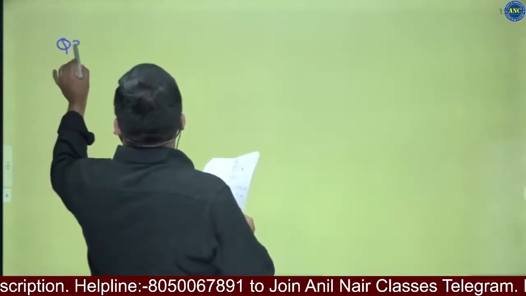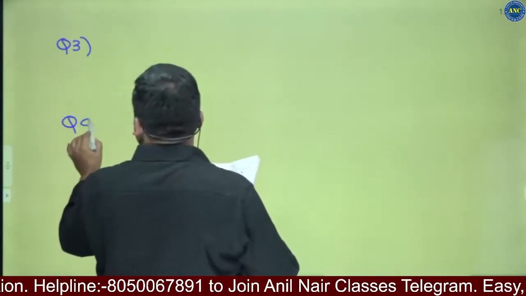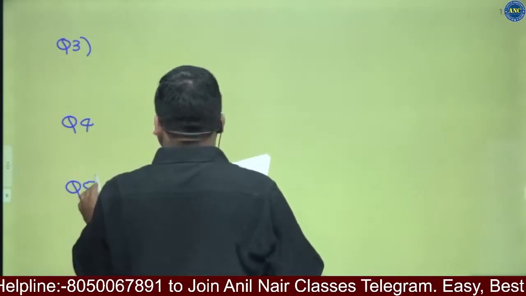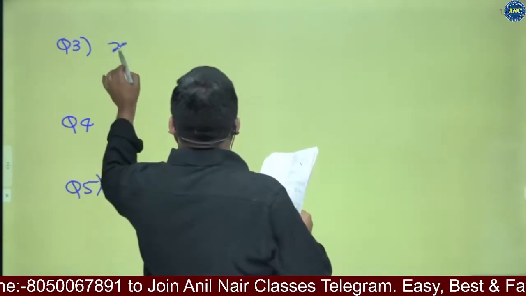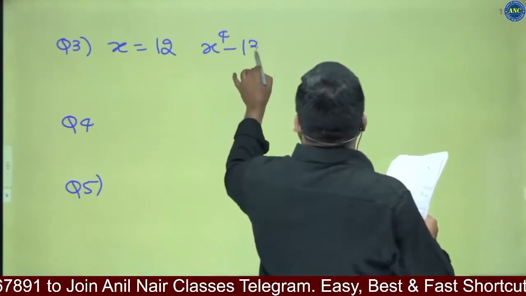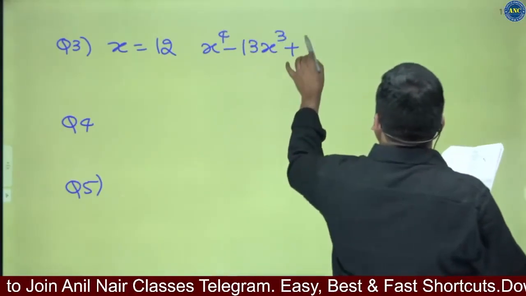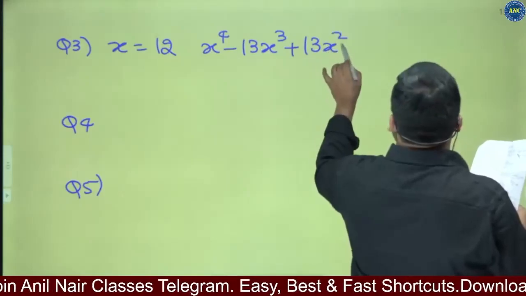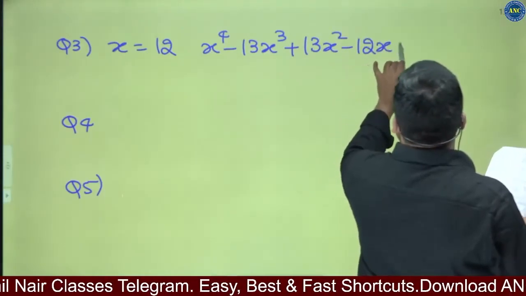Question number 3, question number 4, question number 5. 3 questions we'll solve. Question number 3. X equivalent to 12. X power 4 minus 13x cube plus 13x square minus 12x.